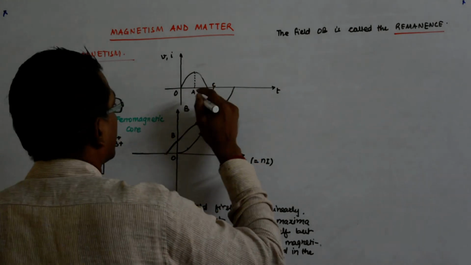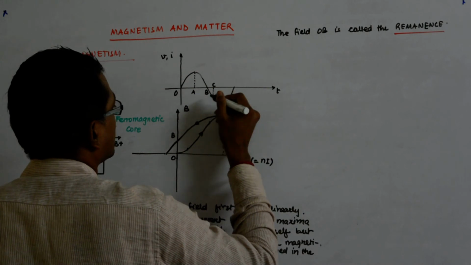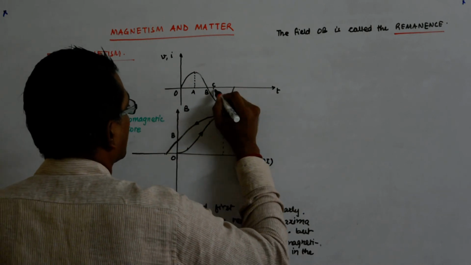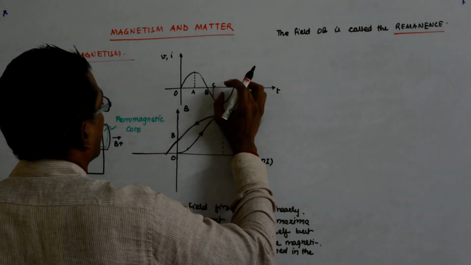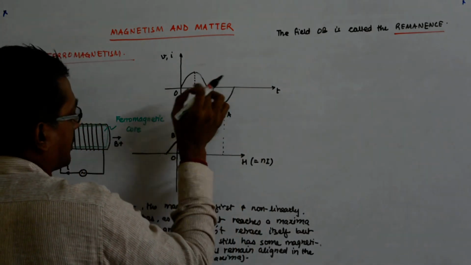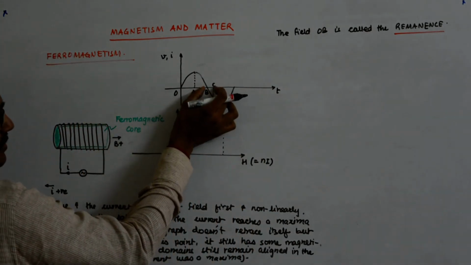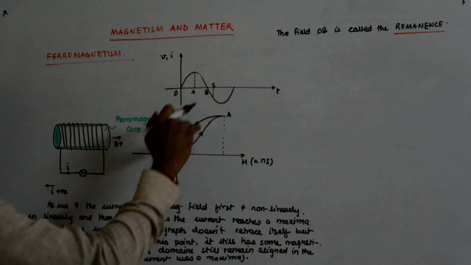You understand? Equal to this BC, this is the current in the negative direction.